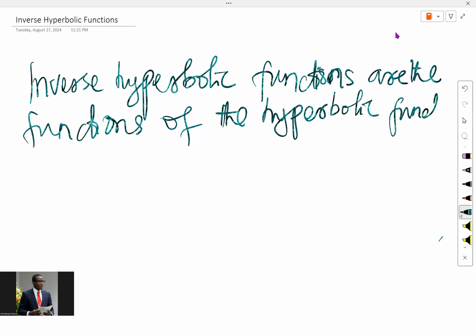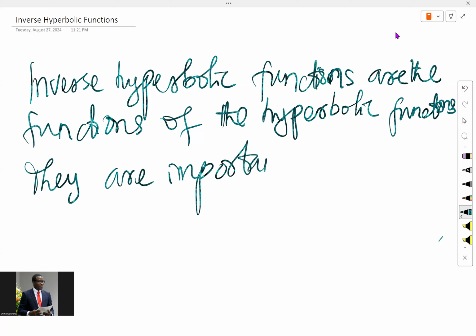If you check the playlist on calculus, there was a part where I was talking about functions, and we got to the part where we talked about inverses of functions, so that we can find the inverses of functions, right? So inverses are important.